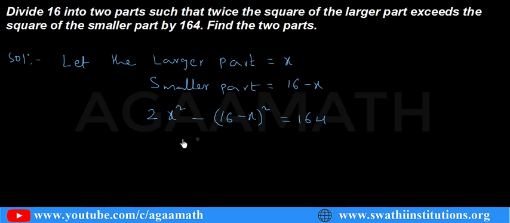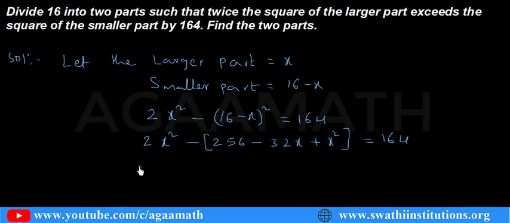Now let us simplify this. 2x square minus (16 minus x) whole square. Using a minus b whole square equals a square minus 2ab plus b square, it is 256 minus 32x plus x square, equals 164.